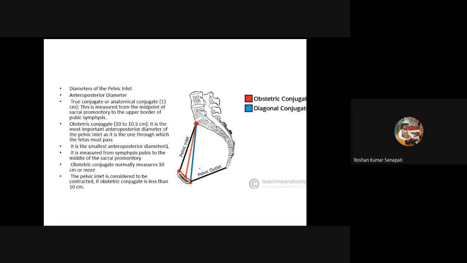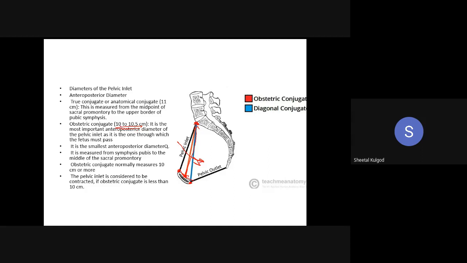Right. So the salient feature to understand here is that the true conjugate is of no obstetric significance, in the sense that it will not cause any hurdle during fetal descent or engagement. It is the obstetric conjugate which is important to us, because it represents the true space available for the fetal head to negotiate inside the pelvis.